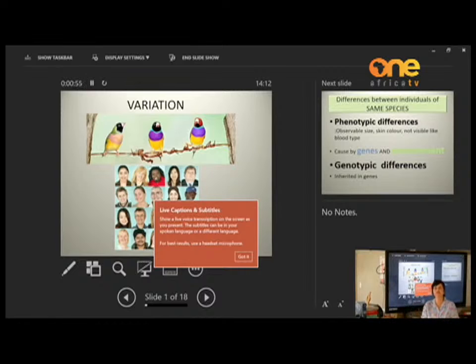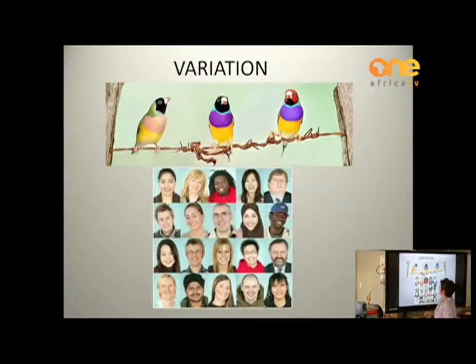When we look at this picture that we have here, we can see these birds are all golden finches. They are of the same species, but we have a lot of color varieties between them. They are the same species, but there is a lot of differences between them. And then, of course, the human race. We know that there are so many variants in the humans.